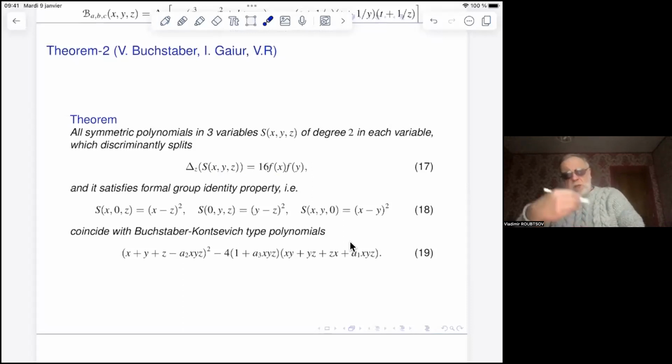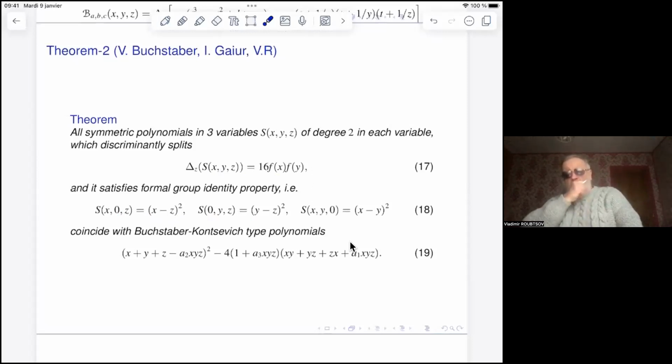It means that they should satisfy these conditions for a second order quadratic equation in each variable. If we take, for example, y equals z, then this polynomial should have the form x minus z in square. If we take x equal to 0, this polynomial should be y minus z in square. And if z equals 0, then this polynomial should be x minus y in square.